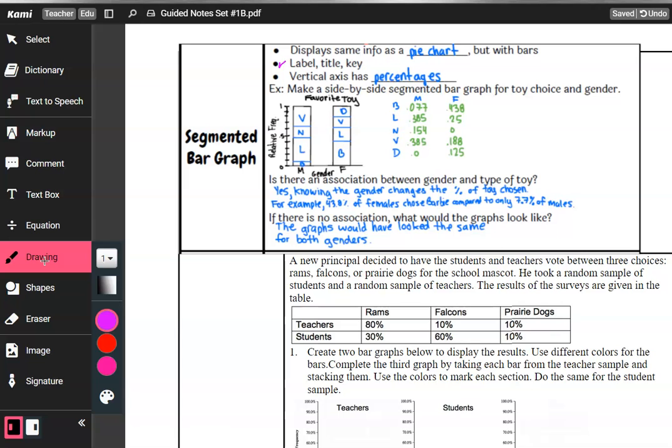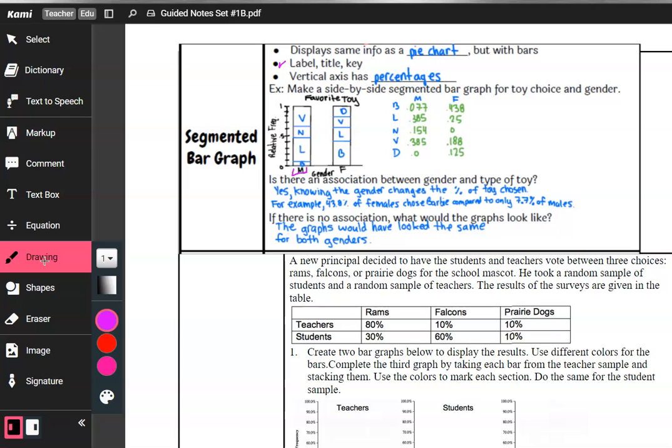So for males, we have a segmented bar graph. The way you would do it is, for Barbie, you would go from 0 to 0.77. So from there to there, it is 0.77. And then for Legos, these numbers come from above, from the top problem.